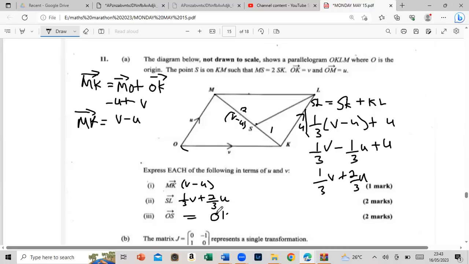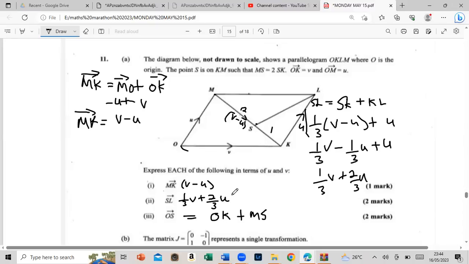So from O to K, and then I go from K to S. Notice I'll be going against the arrow because it's MK, so I'm going against the arrow in that case. We'll discuss that soon. So it's from O to K, and then M to S. Notice the letter order matters. Alright, so boom, we have OK.